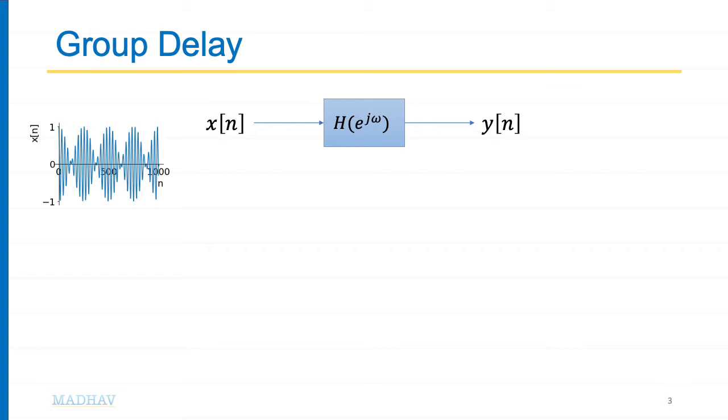It is an amplitude modulated cosine signal or sinusoid. So how do I write it? It is some A times cos omega m n times cos omega c n, where omega c is the carrier frequency and it is much larger than omega m, which is my modulation frequency.